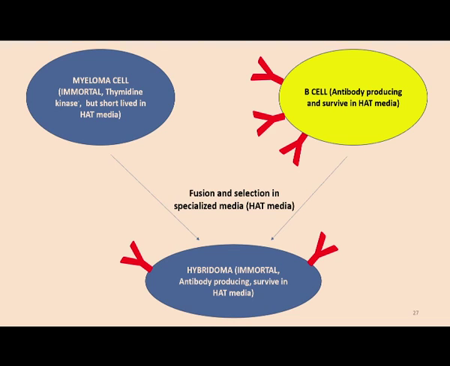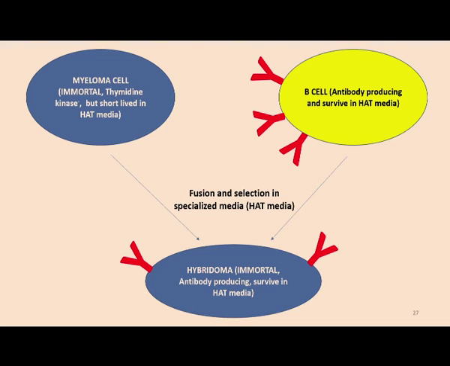Now, because this myeloma cell is thymidine kinase negative, it is not able to grow in this specialized media called HAT media. HAT stands for hypoxanthine aminopterin thymidine. So, in this HAT media, the myeloma cells are not able to grow because they are TK negative.